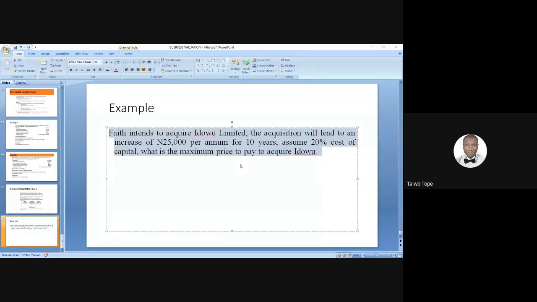Faith. Any guide? That Faith intends to acquire Idowu Limited. The acquisition will lead to an increase of 25,000 naira per annum for 10 years. Assume 20% cost of capital. What is the maximum price to pay to acquire Idowu?